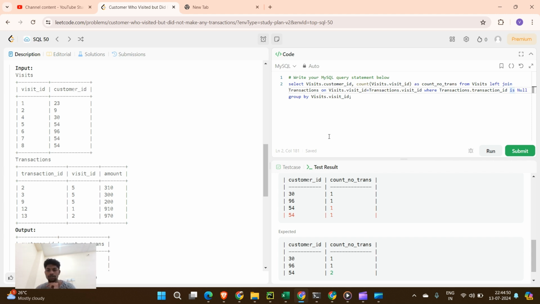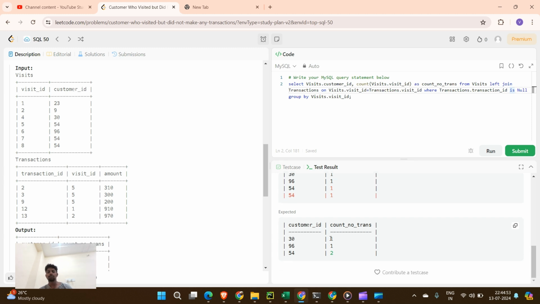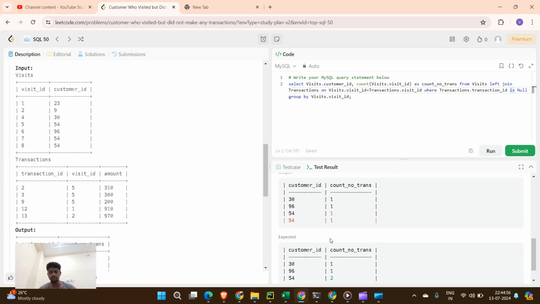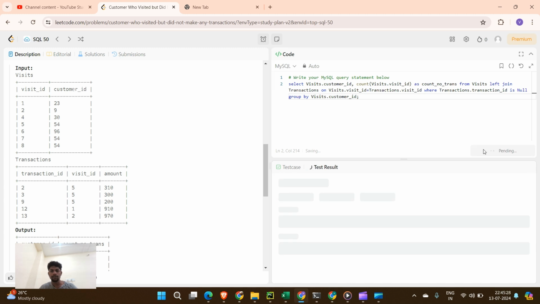Then transactions dot transaction ID is null, and we have to group by customer ID.